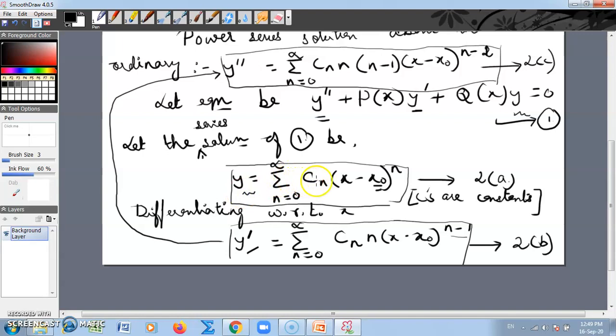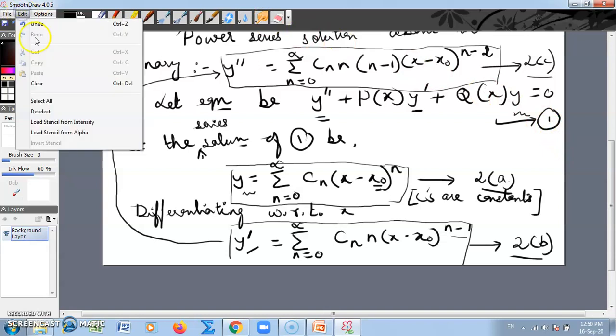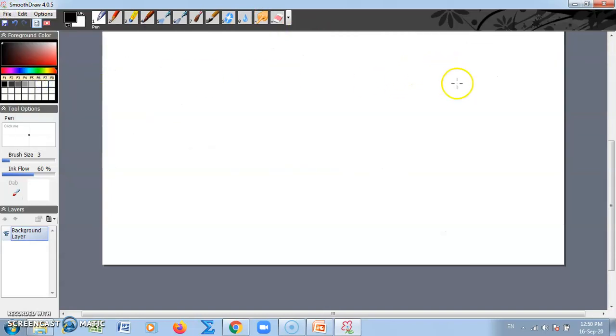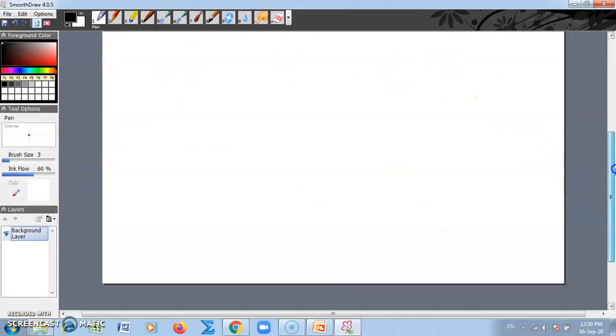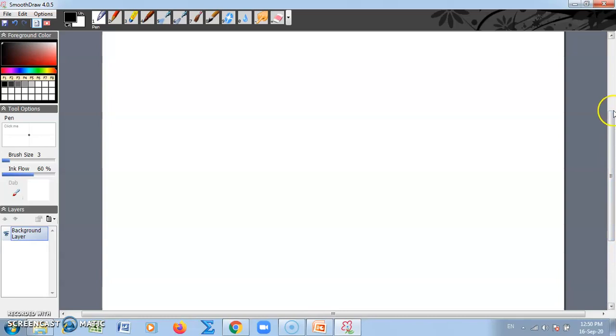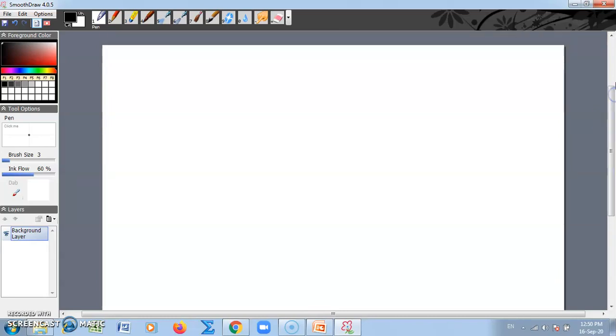So using 2a, 2b and 2c in 1, we substitute it in 1 so that we get something like this.